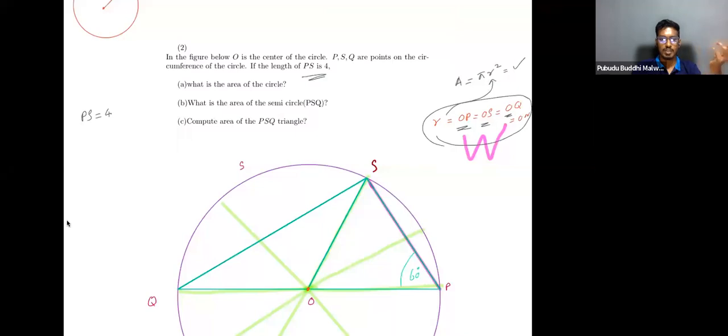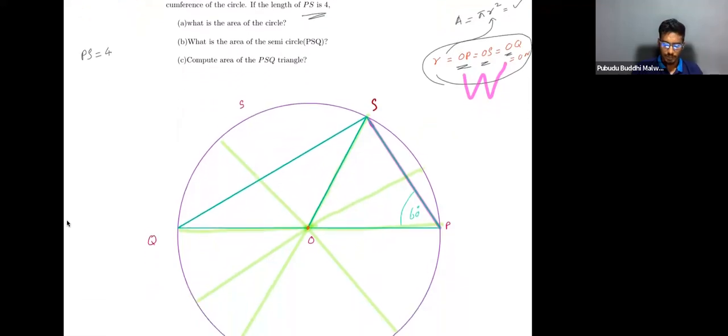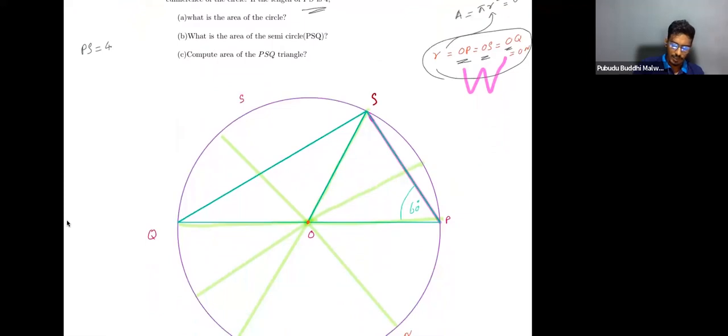So probably we should use the triangles. For that we need angles, and previously we found that the QSP angle, this one, equals 90 degrees because of angles in a semicircle, right? I explained that in the previous video, so you can watch that to understand. Because QSP, that's a semicircle.